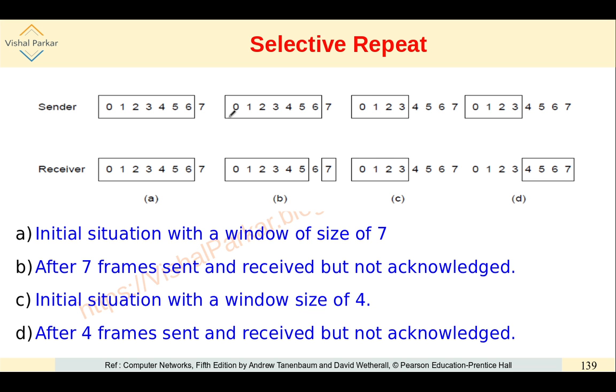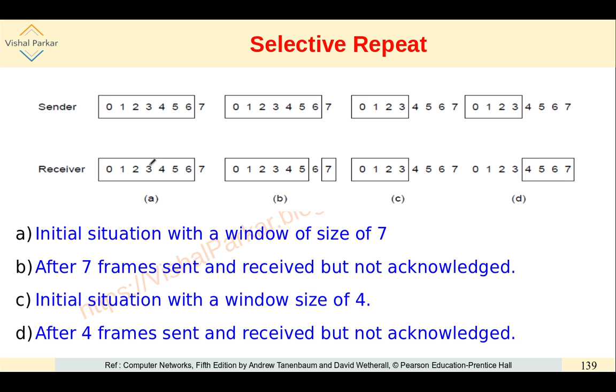Whenever frames 0 through 6 were sent by the sender and received at the receiver, the receiver sends back the acknowledgement for those 7 frames. But this is where the problem struck: all the acknowledgements have been lost on the reverse way. They couldn't get back to the sender.